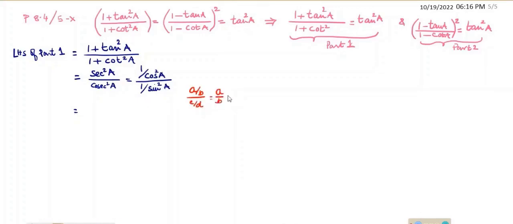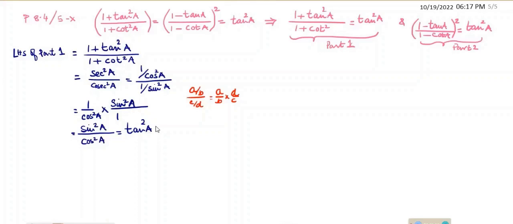The division of a fraction by fraction can be expressed as the numerator multiplied by the reciprocal of the denominator. So here is the numerator which is multiplied by reciprocal of the denominator. That leaves sin square A by cos square A which is equal to tan square A. So we have proved that first part is equal to third part.